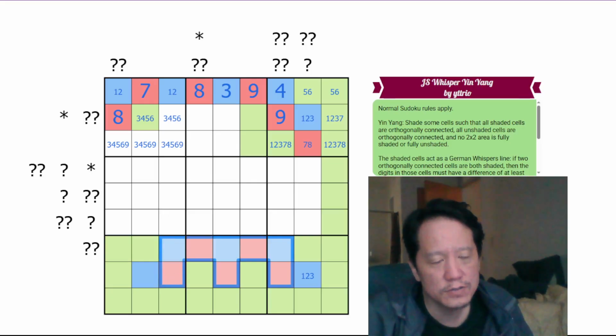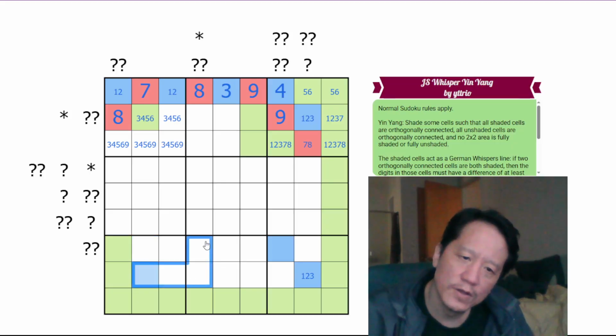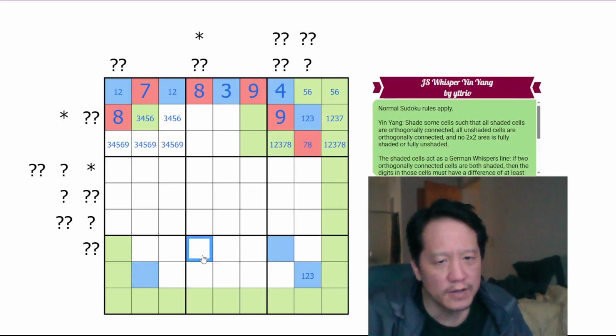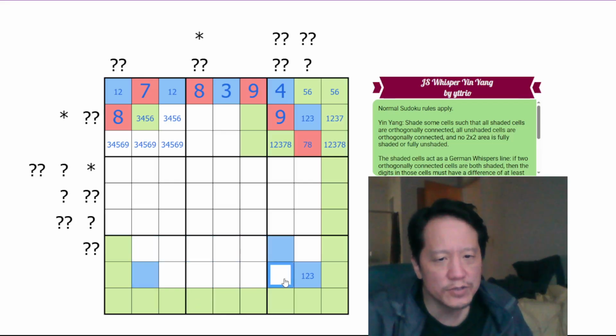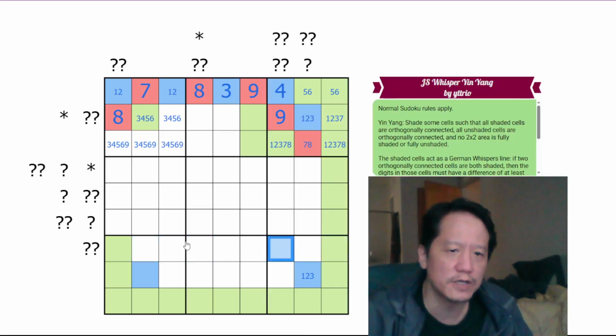That's interesting. But it could be any pattern like that. It would have to be something like some weird thing. Okay, we don't have any guaranteed shadings from this then. This is the only guaranteed shading here.